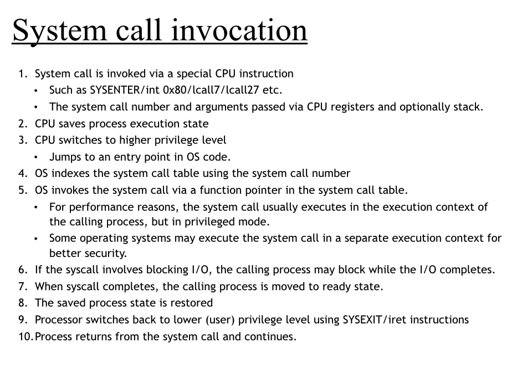Here, the CPU still stays in the execution context of the calling process. In some operating systems, this mechanism may be slightly different. For security reasons, the operating system may execute in a separate execution context, and system call invocation may involve a full context switch into the OS context.